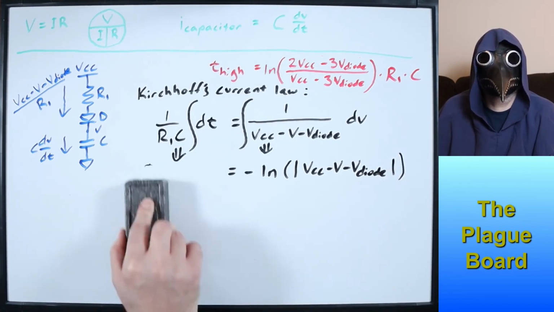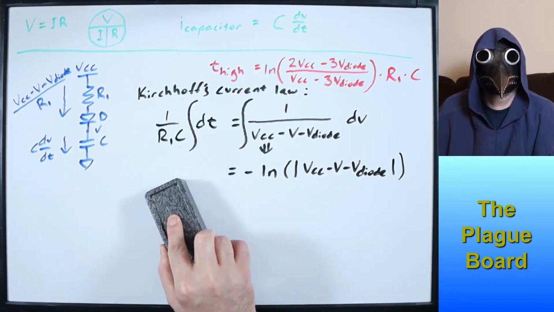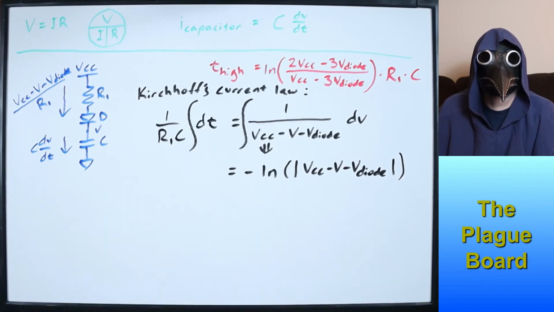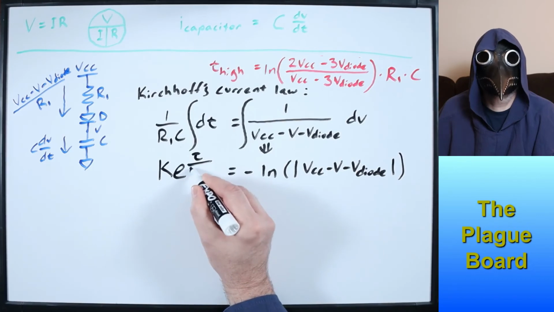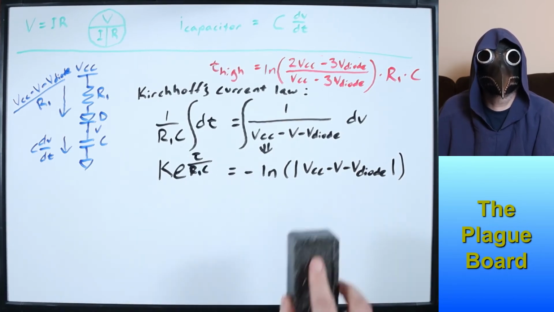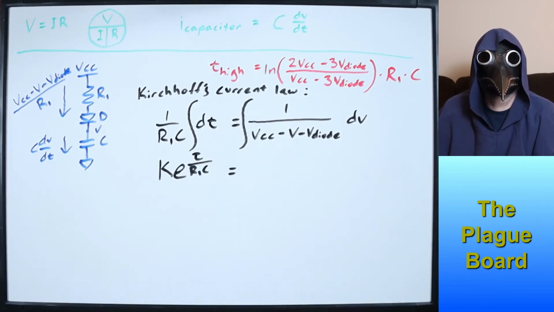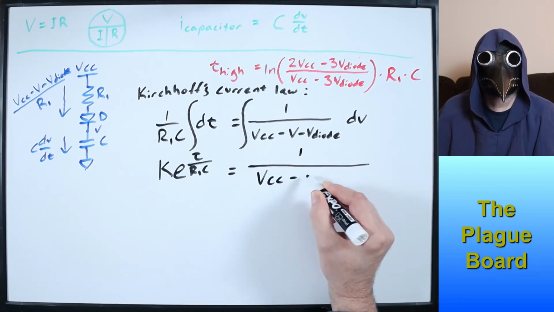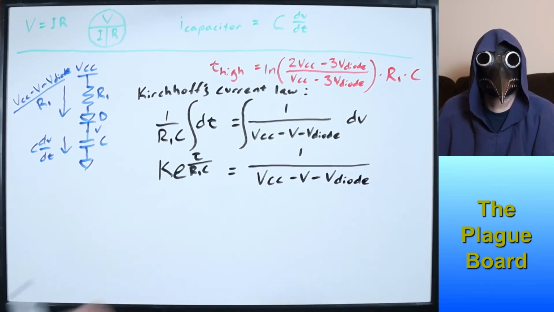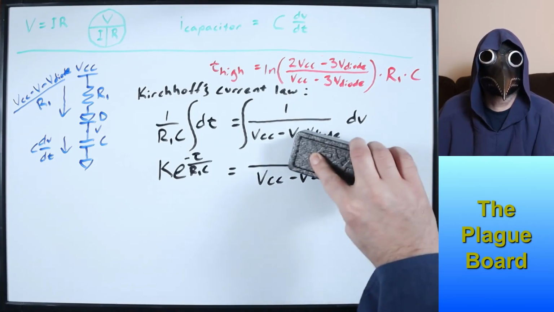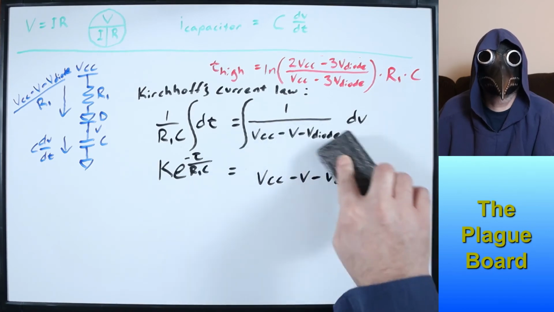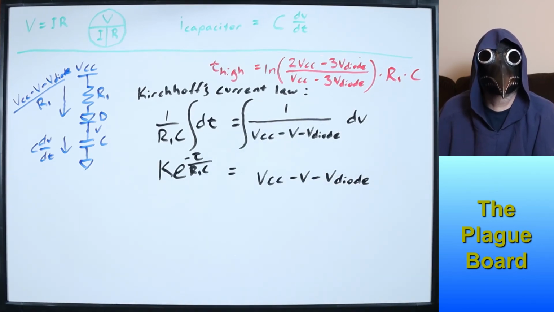Using the inverse function to natural log, which is e, we get some constant K times e to the t over R1C equal to 1 over VCC minus V minus the diode voltage. Taking the reciprocal of each side gives us some constant K times e to the negative t over R1C equal to VCC minus V minus the diode voltage.